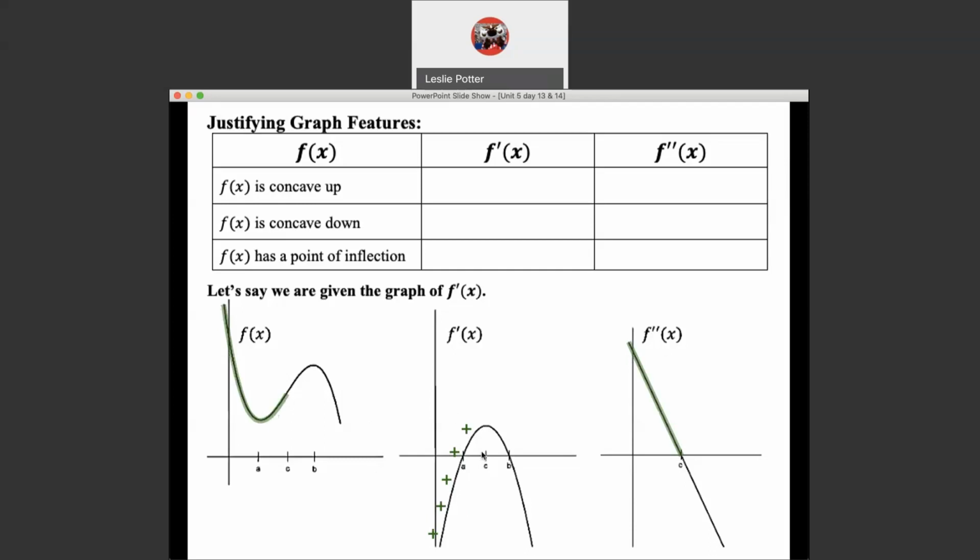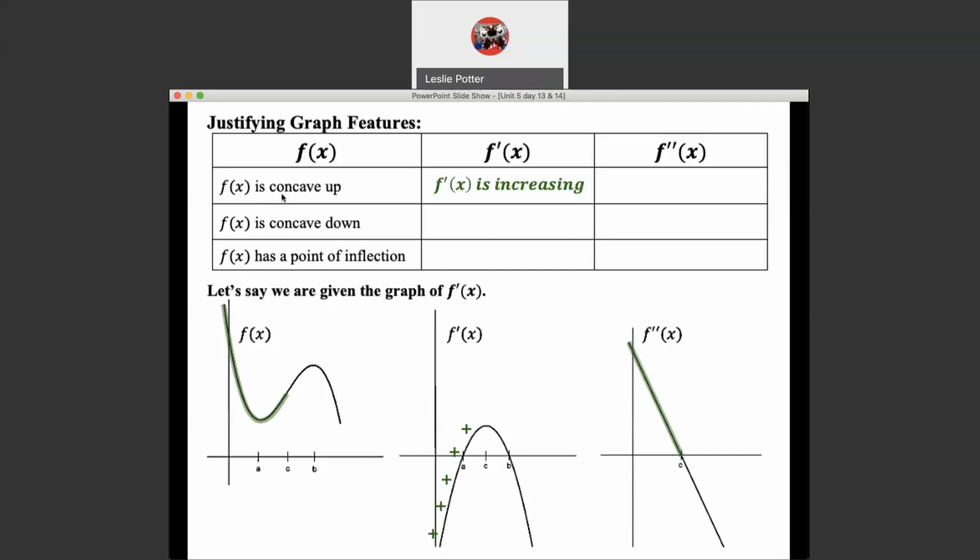Just by having the information about the first derivative, we can see that it is increasing, which means we have positive second derivatives, and that means we have a concave up scenario on the actual function.